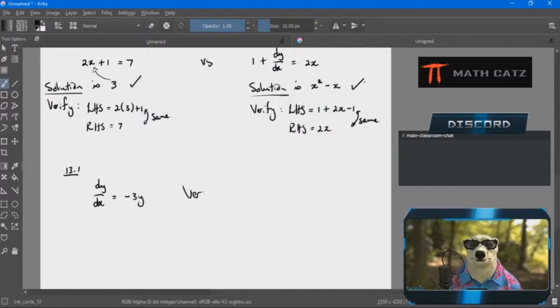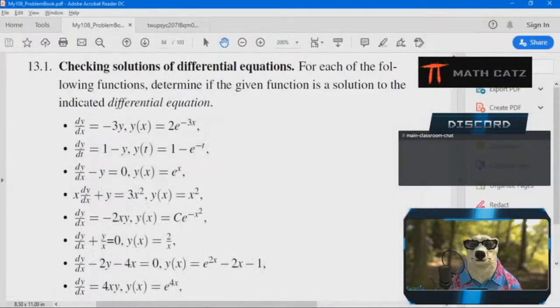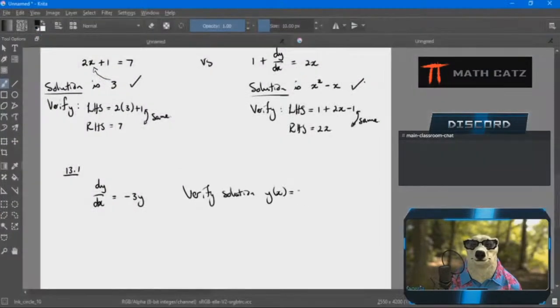And I want to verify the solution, the function y of x equals 2 times e to the negative 3x. All right.